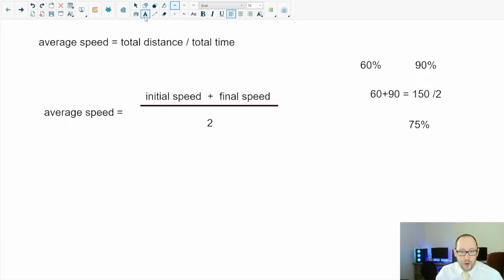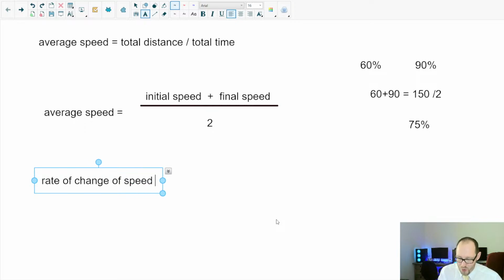All right, and then our third equation that we want to use here is rate of change of speed. Which is a really long-winded way of saying something, basically how fast you're getting faster.